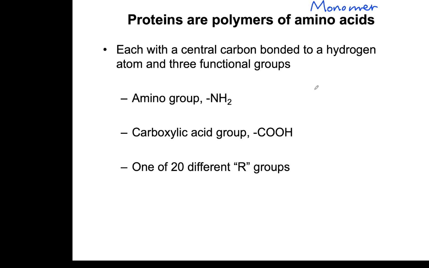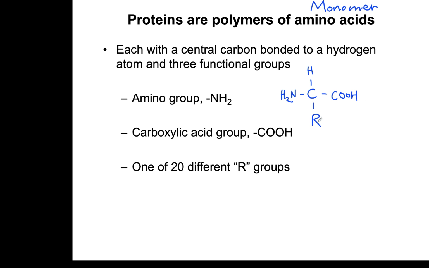Each amino acid has a central carbon and has an amino group, and carboxylic group, and hydrogen, and R group. This is the basic structure of each amino acid. Each amino acid has an amino group, carboxylic group, and R group.